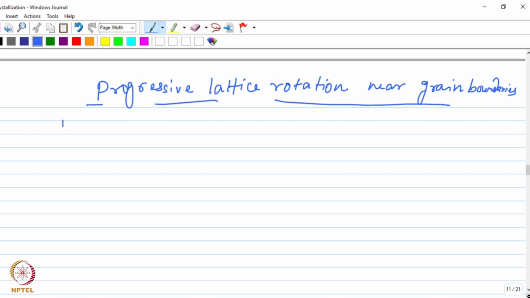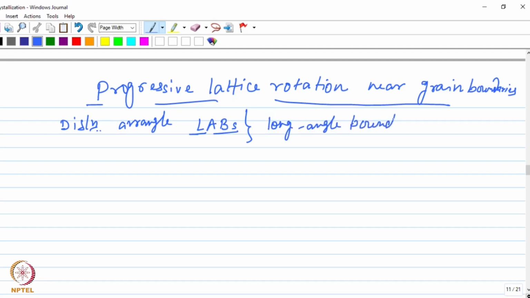So as we have seen before, dislocations arrange in low angle boundary configuration. In short, we can call them LABs. And this occurs near the original grain boundaries by cross-slip.